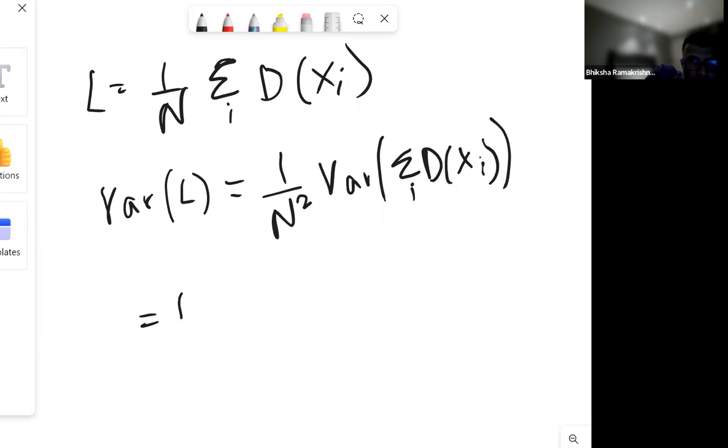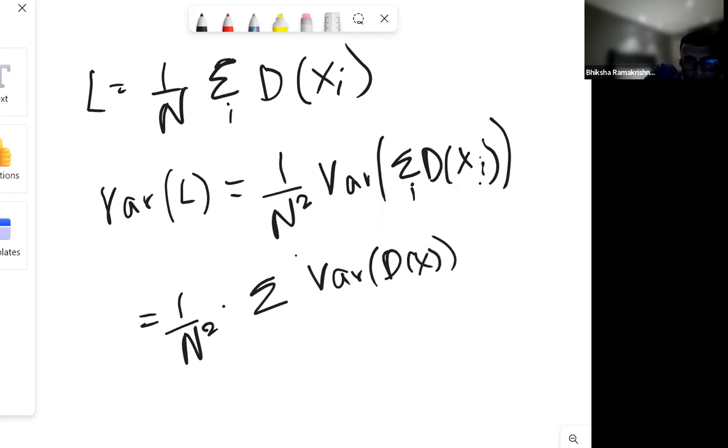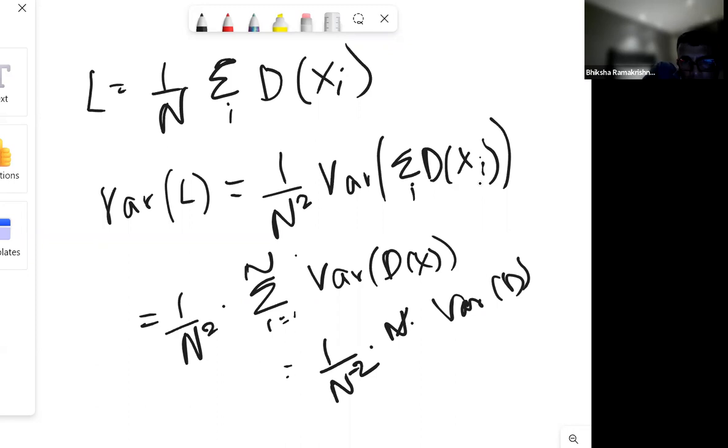So this is going to be 1 over n squared times the summation of the variance of the d of xi, correct? And there are n of these. So which is going to be 1 over n squared times n times the variance of the divergence, which is the variance of the divergence divided by n.